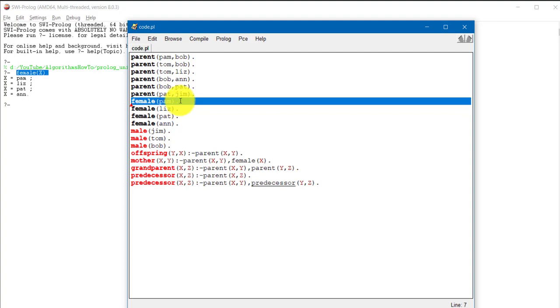When Prolog finds a match, it knows the value of that variable is Pam. Similarly for Liz, Pat, and Anne, it does the same and gives you all the answers. So we now have a fair idea of what matching is.